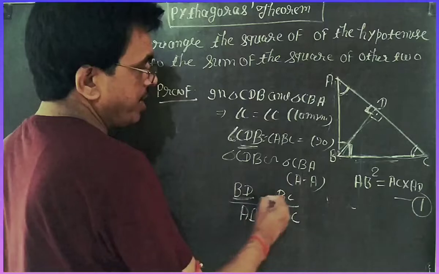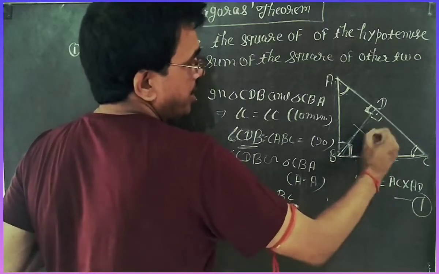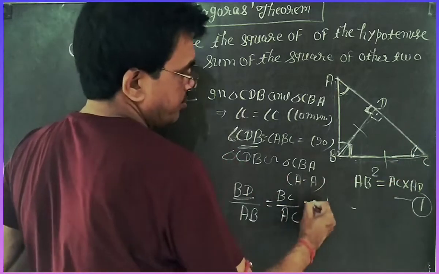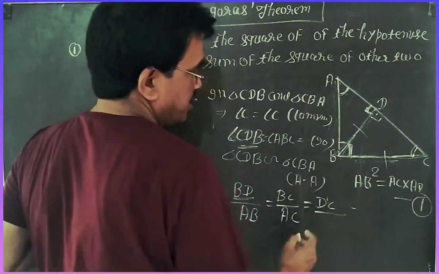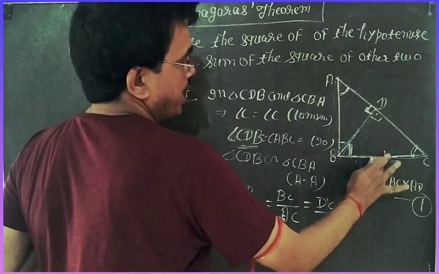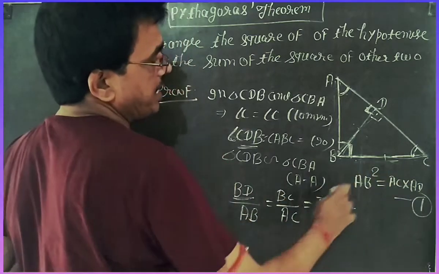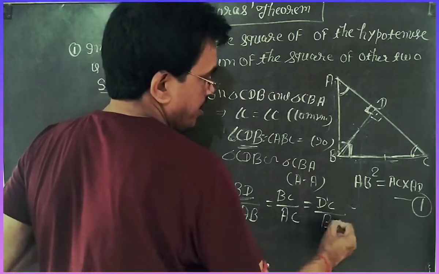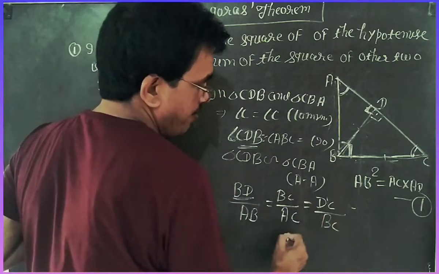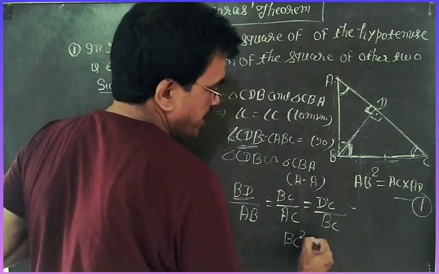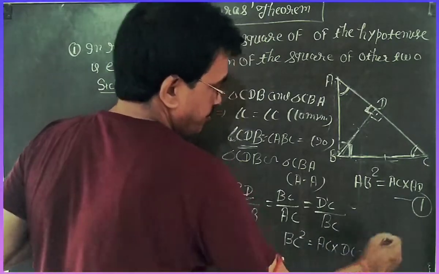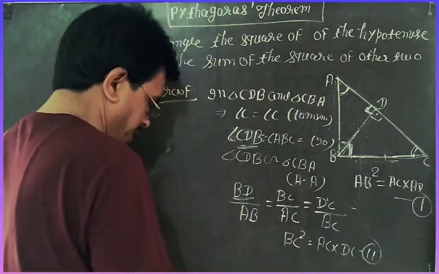Here you write BD, BC, then what will remain? DC. So you write here DC. Similarly, in large triangle, you write AB, AC, then what will remain? BC. So cross multiplication, you get BC square is equal to AC into DC. Second equation. First equation is this, second equation is here.